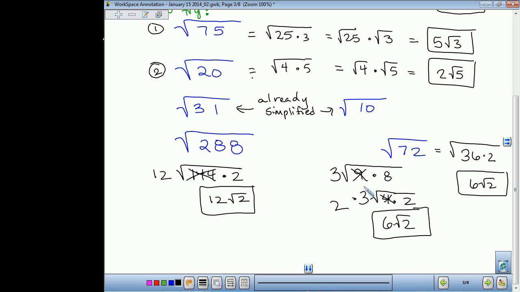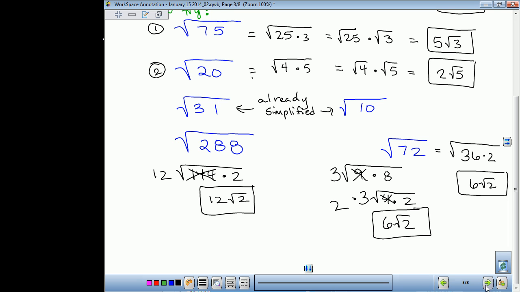If I don't choose the largest perfect square factor, then it just takes me more steps. I can still get to the correct answer. I can get to the correct answer multiple ways. Either way. Make sense?